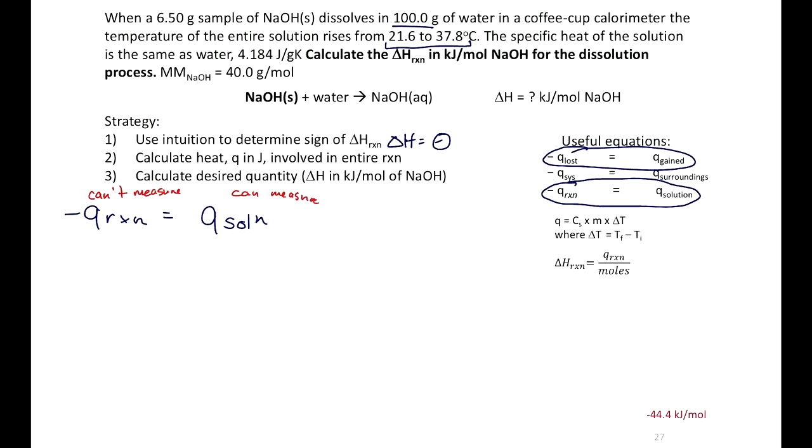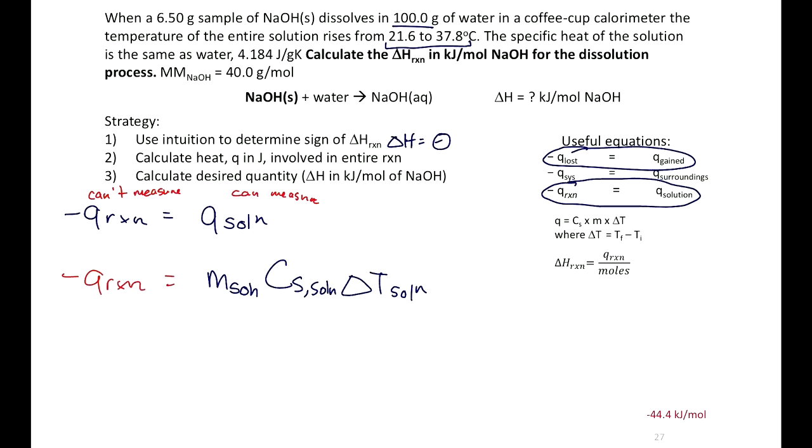So let's think about what the Q equals mcΔT stuff is for the solution. Negative Q reaction equals Q of the solution, which is mass of my solution times the specific heat of my solution times delta T of my solution. So we're going to ask ourselves, how heavy is the solution? What's the specific heat of the solution?